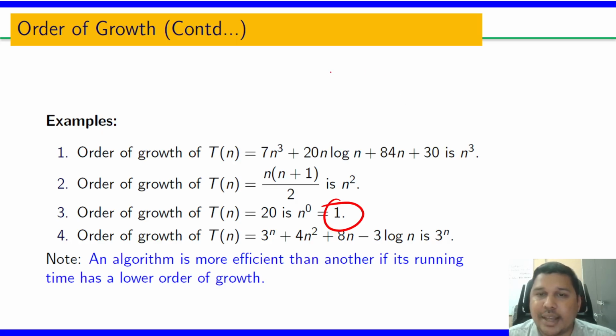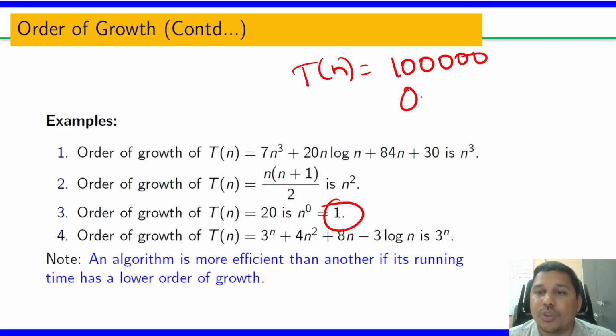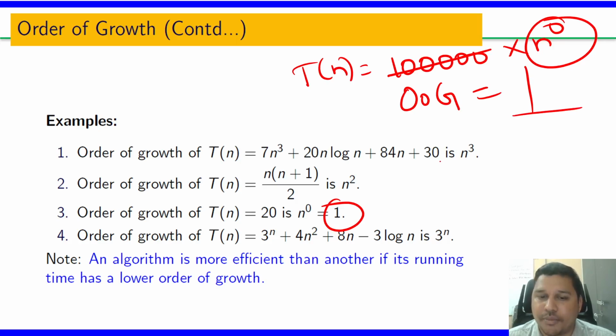Okay, I'll give one more example. See, if T of n is equal to, suppose, 1 lakh, then its order of growth will be 1 only, because it is into n power 0. This is a constant, we have to ignore. This is the only term. n power 0 is 1. So for any constant value, the order of growth is 1, whether it is 20, 30, 40, and so on.